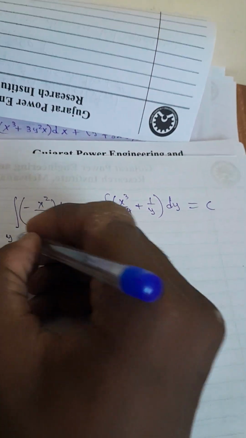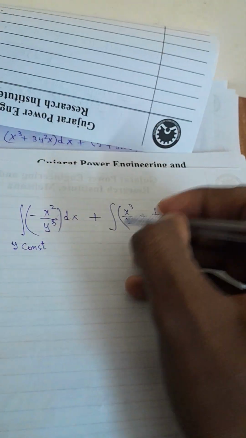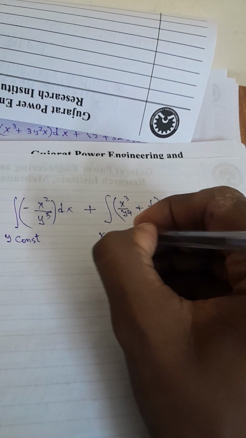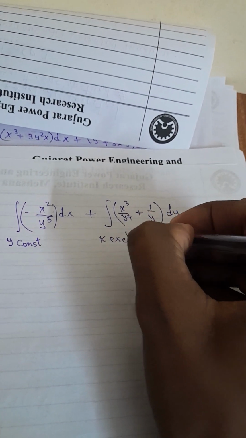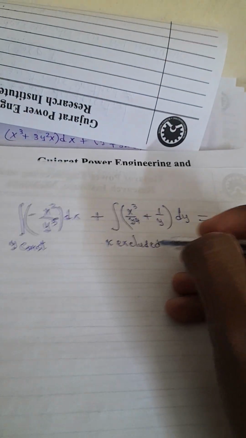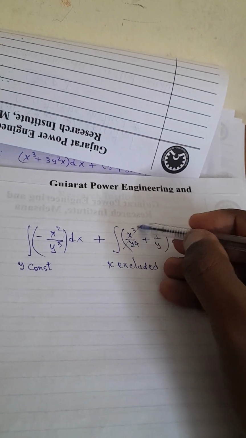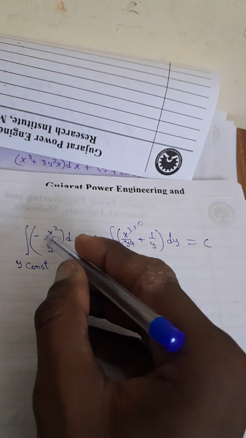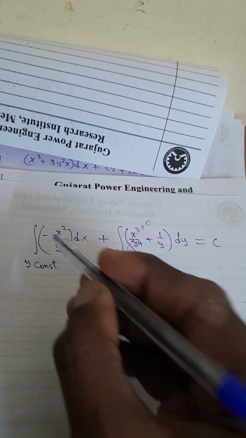Okay, this is what we are going to do. Here we know that y is constant, and here x is excluded. You just have to exclude all the terms of x. Like this one we have to exclude, and here y is constant, so take it out.